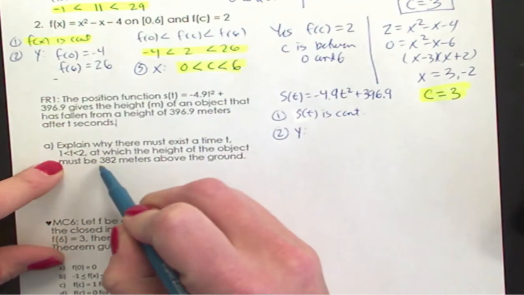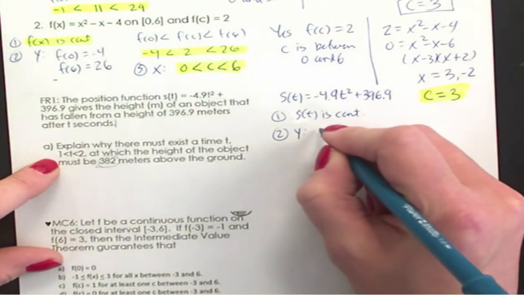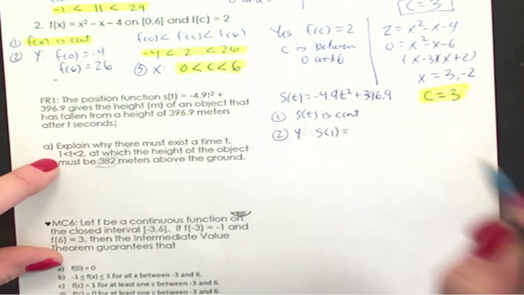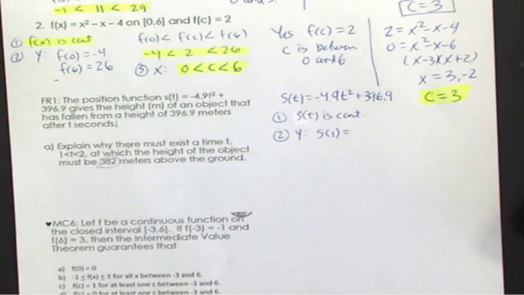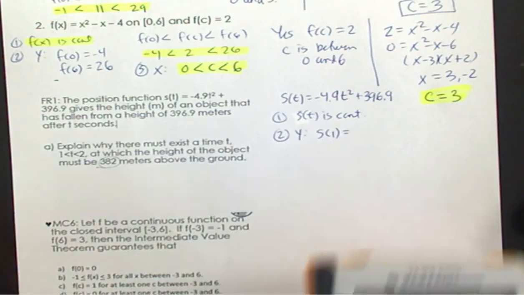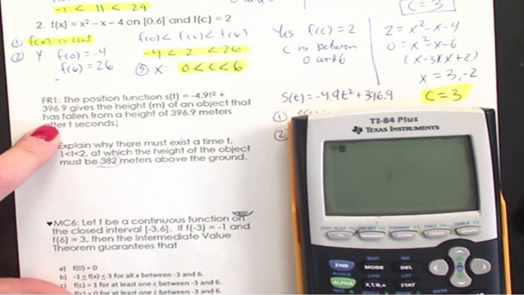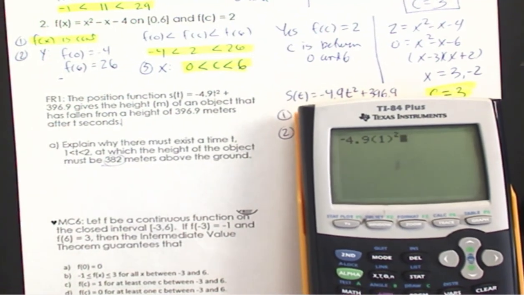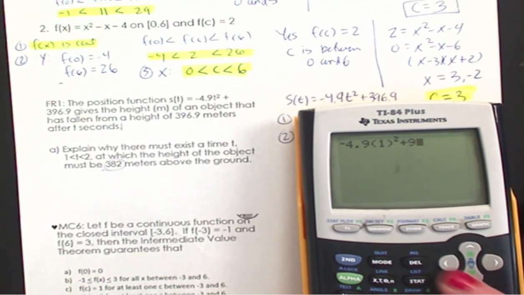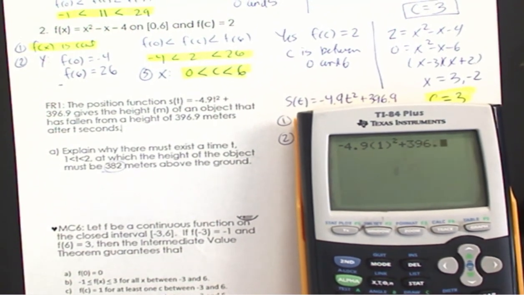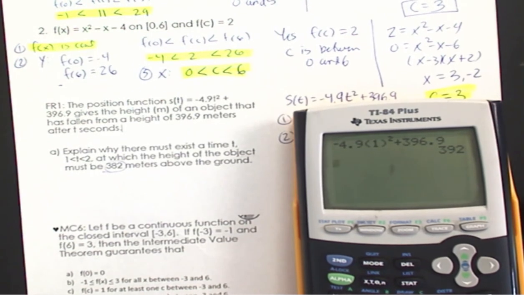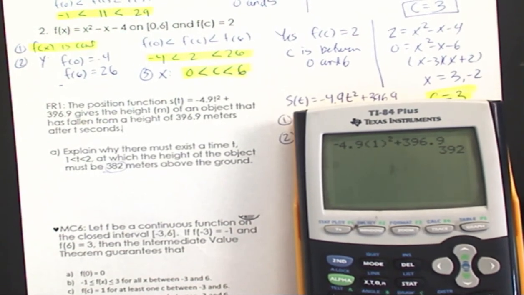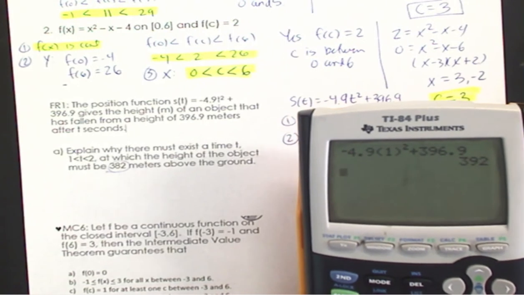Okay. Is there a time with this height value in question? Okay. S of 1 equals negative 4.9 times 1 squared plus 396.9. Oh, 392. Nope. Did I really get it? Yeah. 392, yeah. Okay, 392.